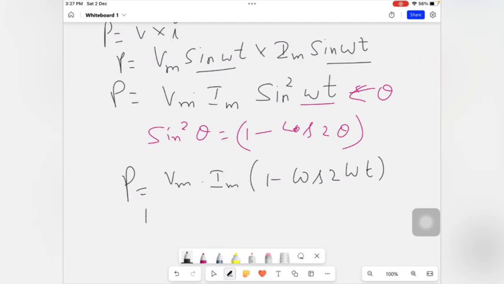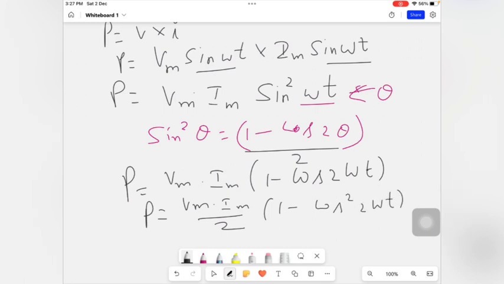So I will continue. P is equal to Vm Im, so you can write sin square theta as (1 minus cos 2 theta) by 2. Therefore P is equal to Vm Im by 2 into (1 minus cos 2 omega t).